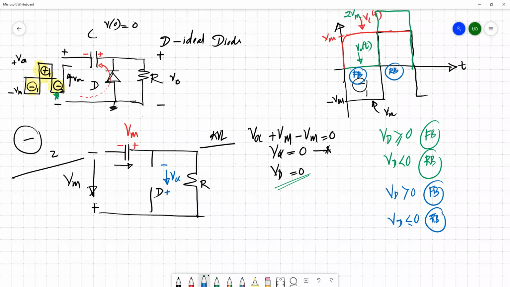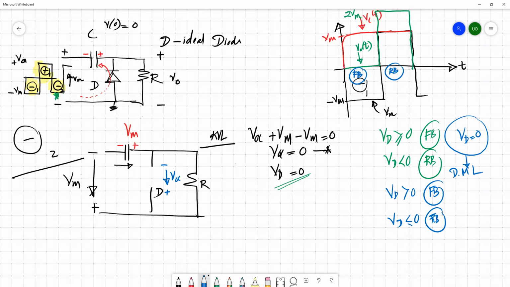So both these conditions should be acceptable in certain scenarios. So this VD equals 0 case is a kind of a decision making level. It's the decision making level whether it's pushed into the forward region or reverse region.